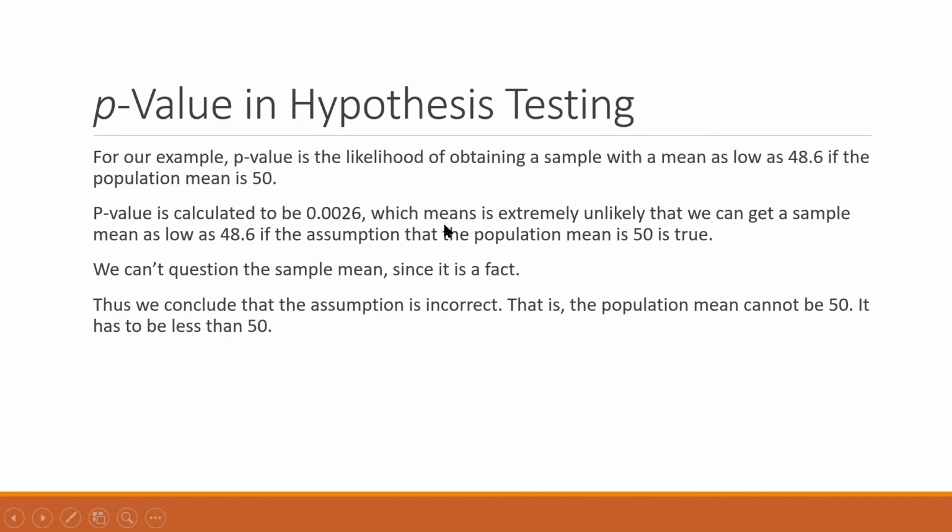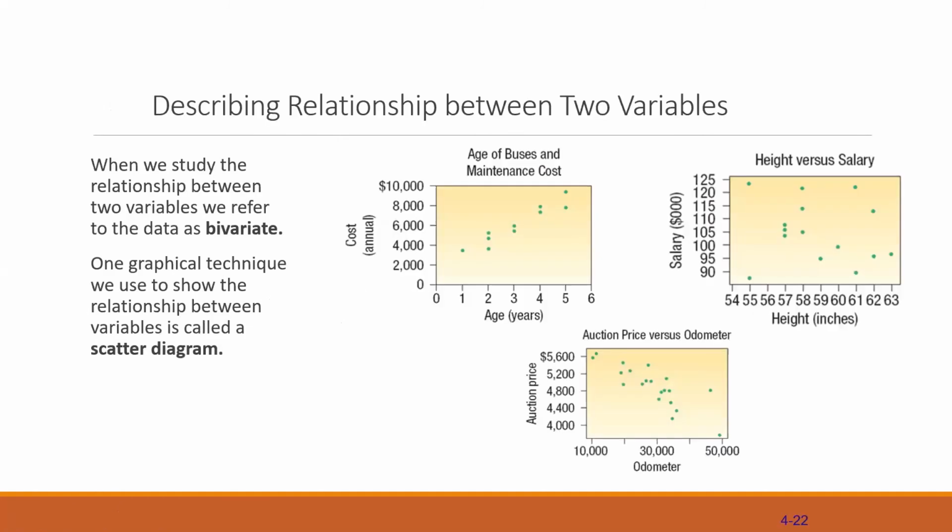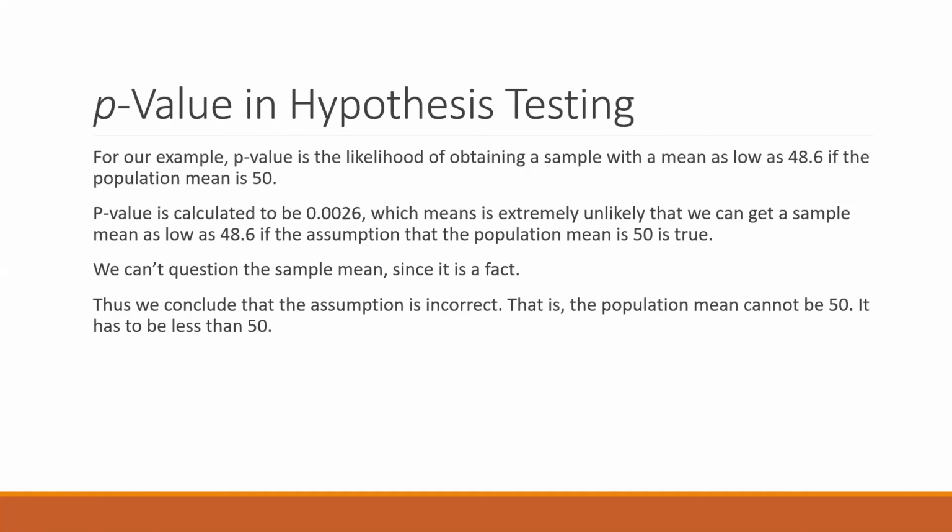And therefore, we have to say this assumption is not true. It doesn't hold anymore, so we have to reject the null and say, well, you know what? The alternative is supported by our evidence. The alternative turns out to be true. Okay? So that's the whole process of hypothesis testing.